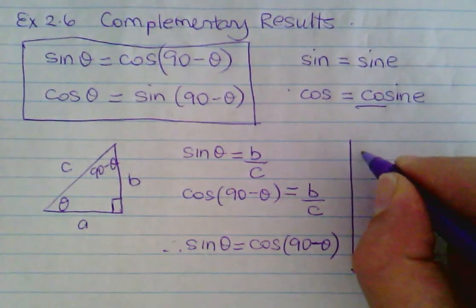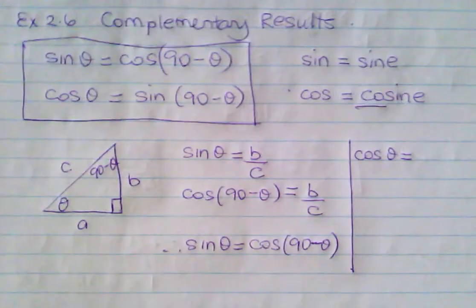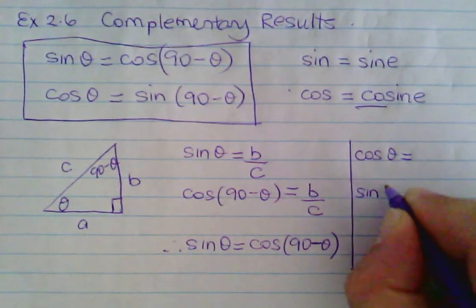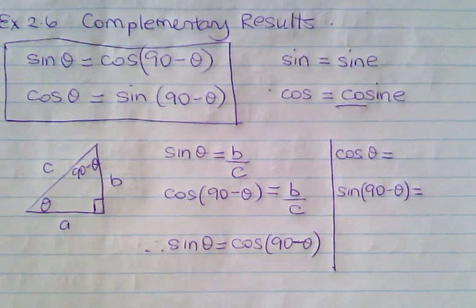Remember, here we're just proving the result. Again, if I look at what cos of theta and sine of 90 minus theta are, I should get the same answer.